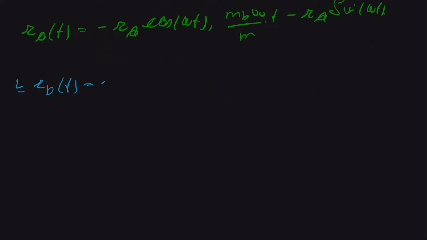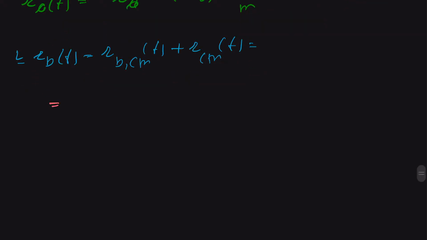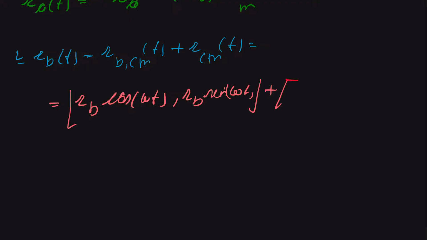Similarly, we can write that Rb of t will be equal to Rb center of mass and our original position of our center of mass. So this will be equal to Rb cos of omega t, Rb sine of omega t, plus 0 comma mb v naught upon m times t.